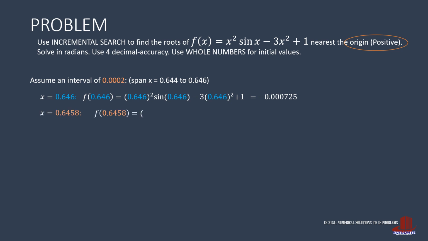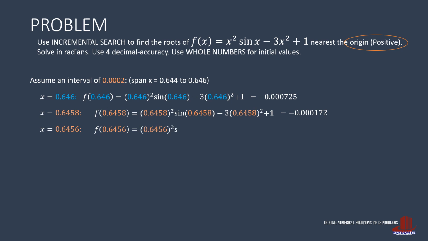The function then becomes 0.6458 squared with sine of 0.6458 less thrice of 0.6458 squared plus 1, resulting to negative 0.000172, also a negative.